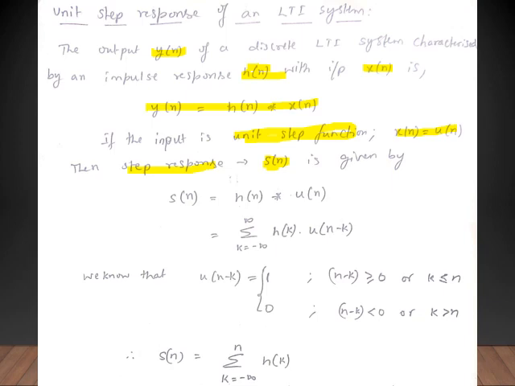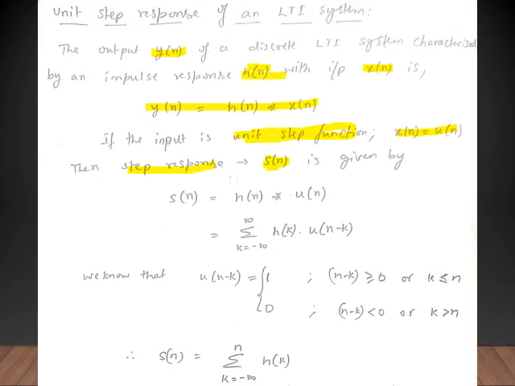Now we substitute, taking the equation from the convolution sum, h of n convolved with u of n. As per the convolution sum, we can write this equation as summation k equal to minus infinity to infinity h of k into u of n minus k.